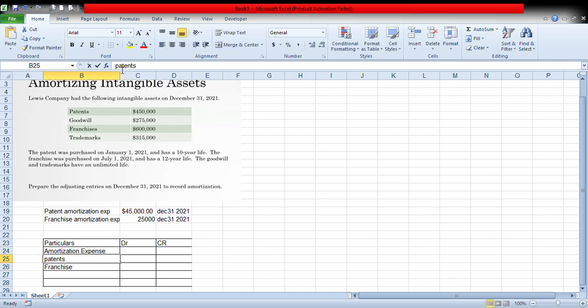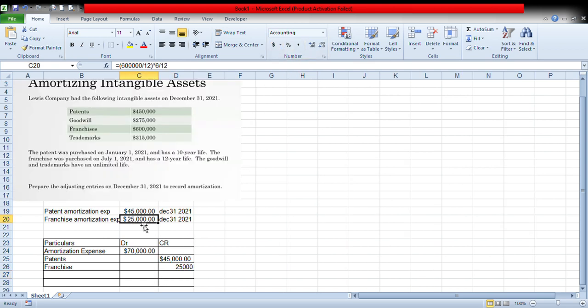Understand, ladies and gentlemen? Amortization expense is total 45,000 plus 25,000, which is 70,000. Patents is 45,000 and franchise is 25,000.